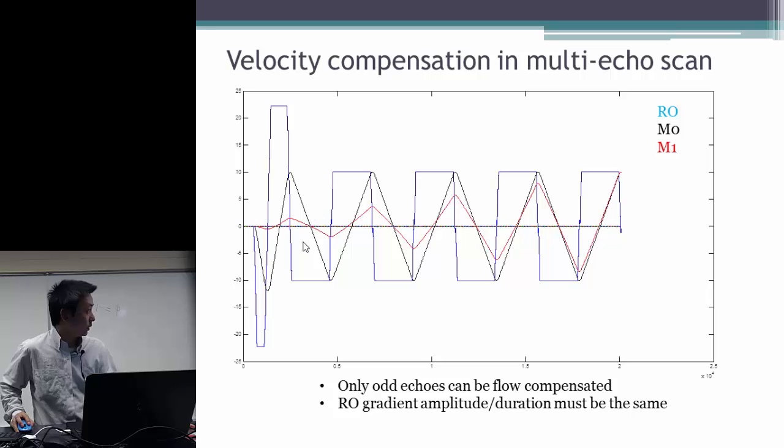If you play out the readouts with a different amplitude or duration for different echoes, this may not be true, because to make sure that the first-order gradient moment is zero, both the gradient amplitude and duration must be carefully set.